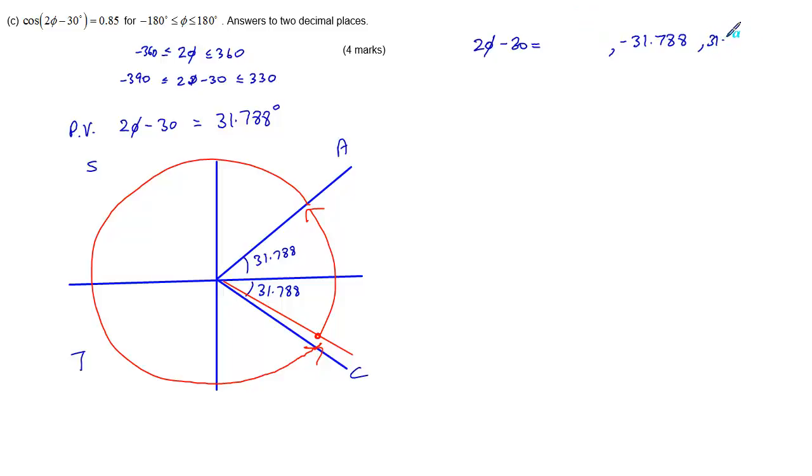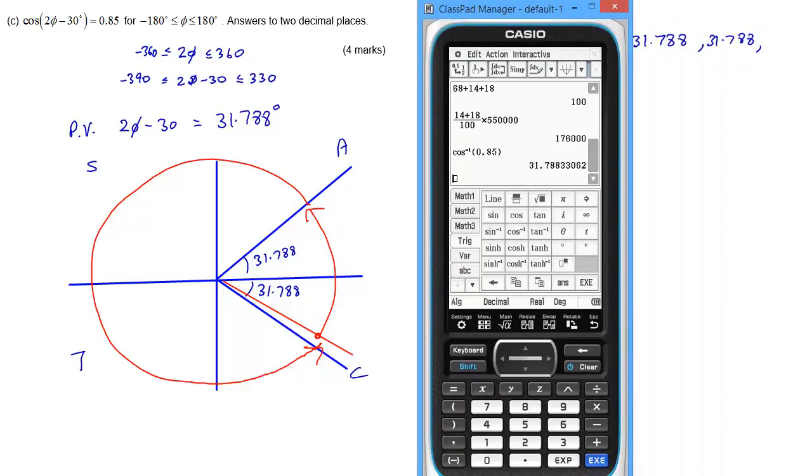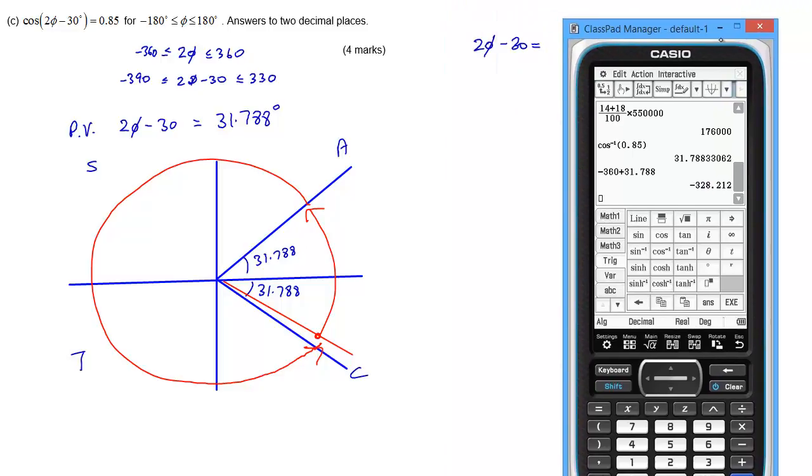The 31.788 would be here, and this first time we meet this, so this is negative 360, so negative 360 add 31.788, negative 328.212.